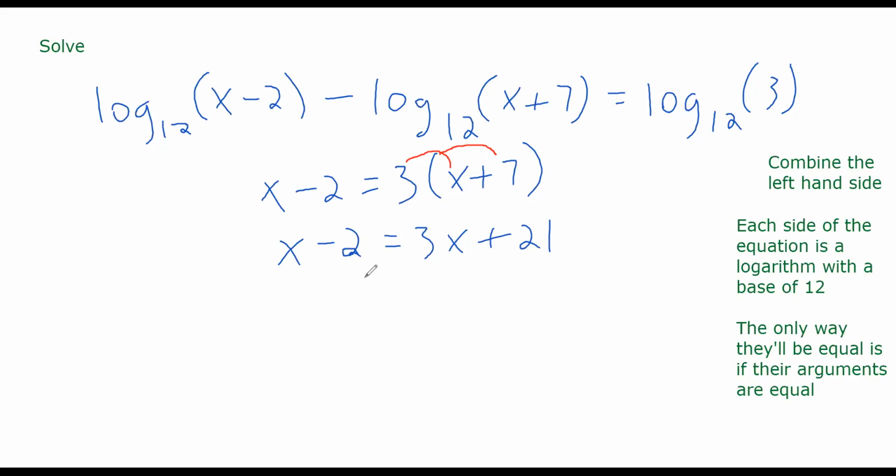There's a couple things we can do here. We can add 2 to both sides. We're going to be left with x equals 3x plus 23. Then we can subtract 3x from both sides, trying to get x by itself.